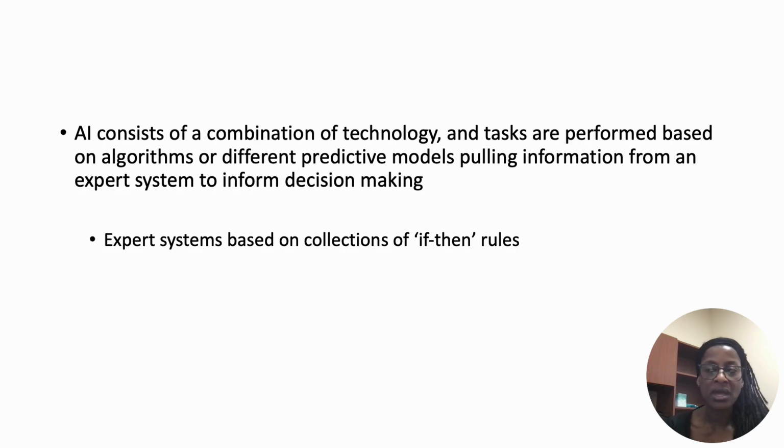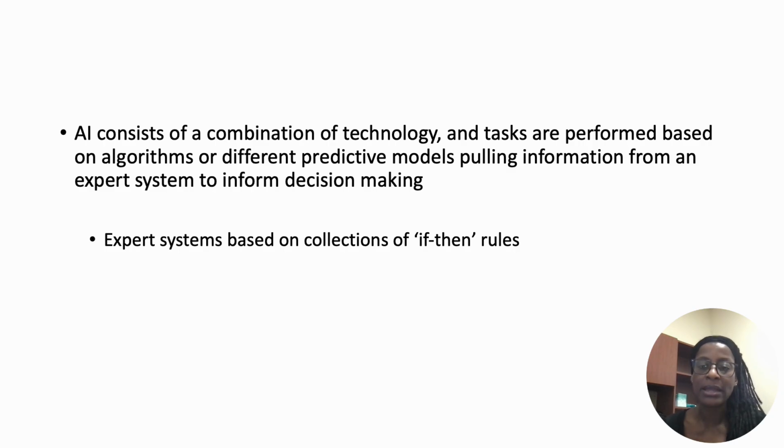Basically, I use expert-based system interventions in my work, meaning you collect information about a behavior, and I will use physical activity since I'm primarily a physical activity researcher, based on surveys assessing barriers and facilitators of physical activity from the participant, and other types of surveys. Based on that data, I use if-then rules.